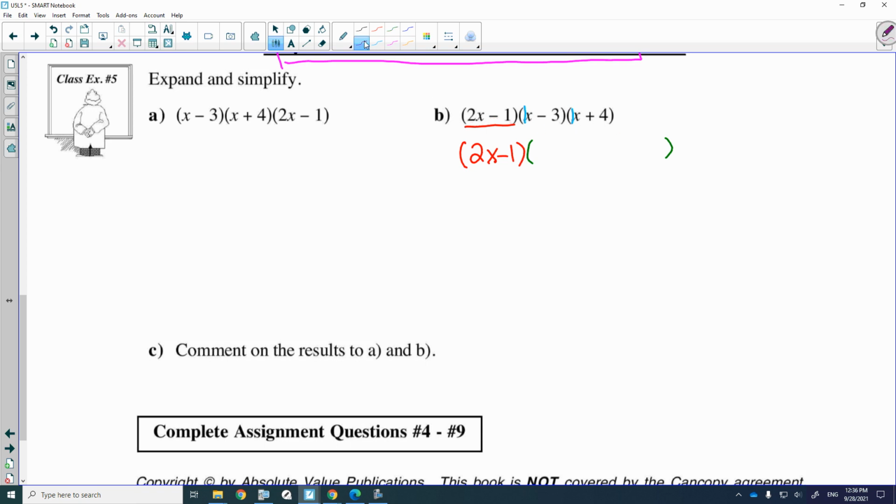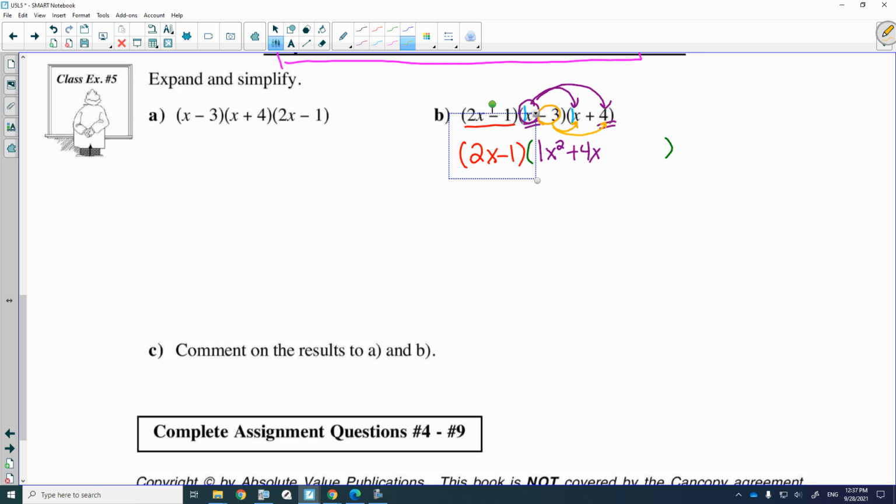So you will circle that 1x, distribute it in. 1x times 1x is 1x squared. 1x times 4 is plus 4x. Then go to your negative 3. Circle that and distribute it in.